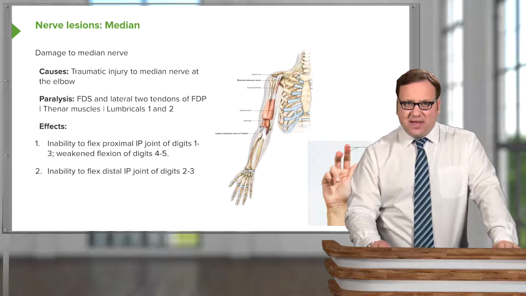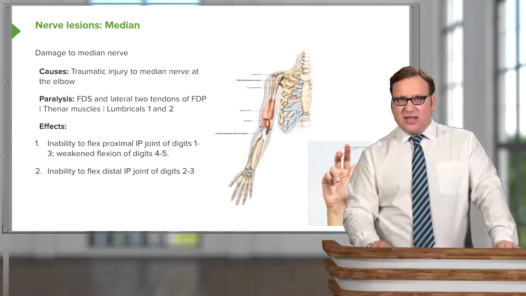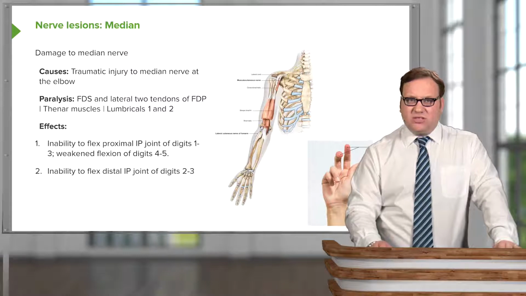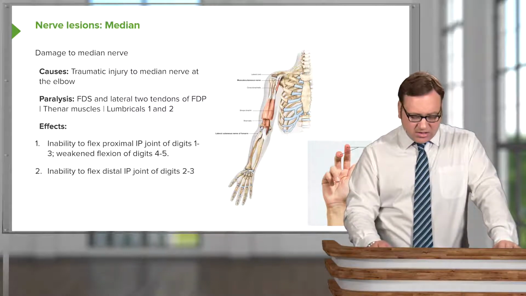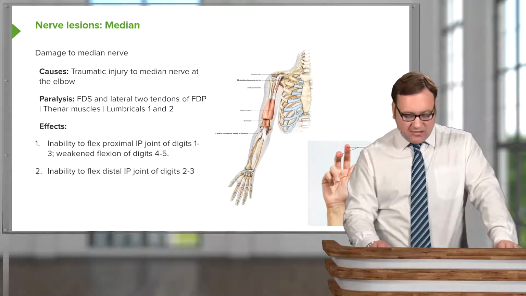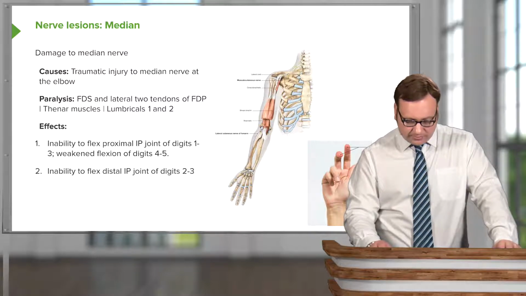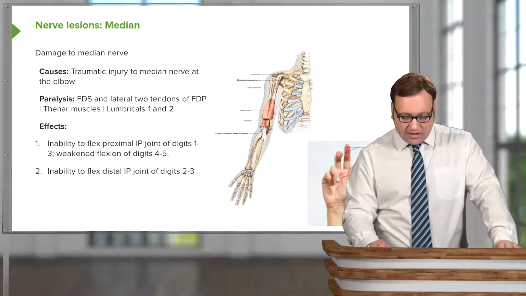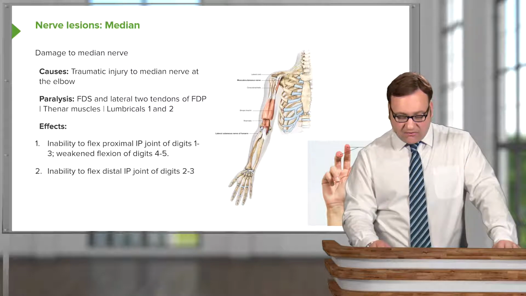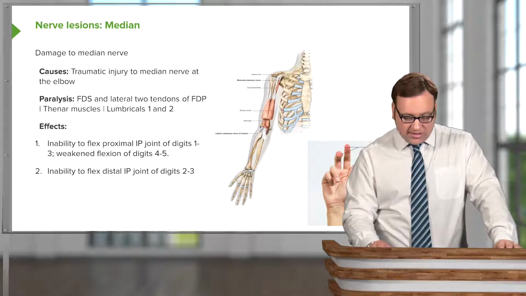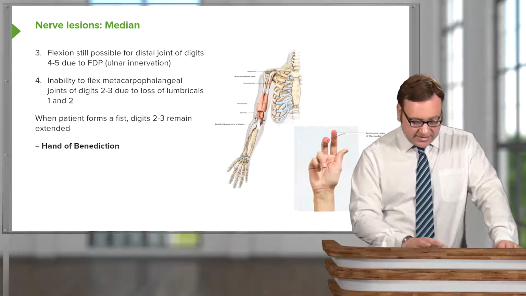You're also going to have an inability to flex the distal interphalangeal joints of digits 2 and 3. So you can see paralysis of the median nerve leads to quite a significant functional deficit.